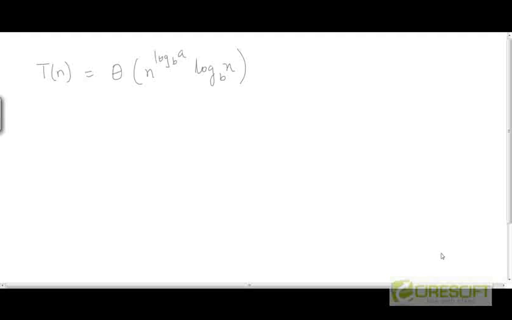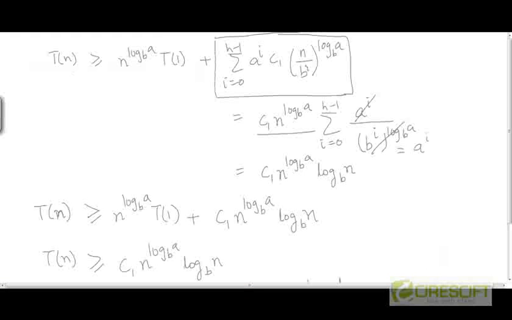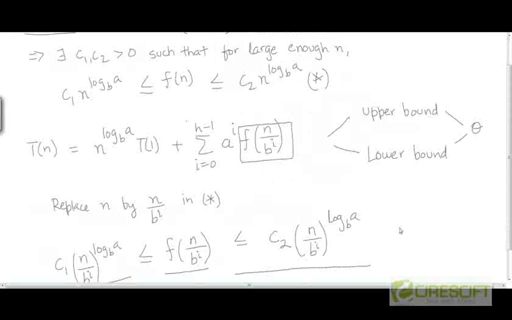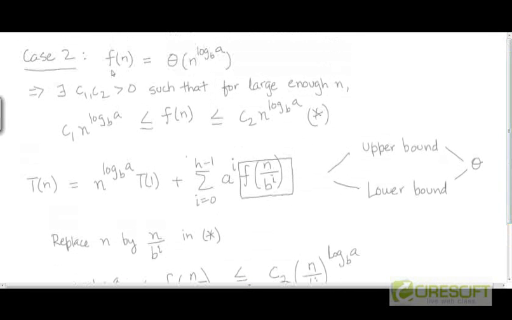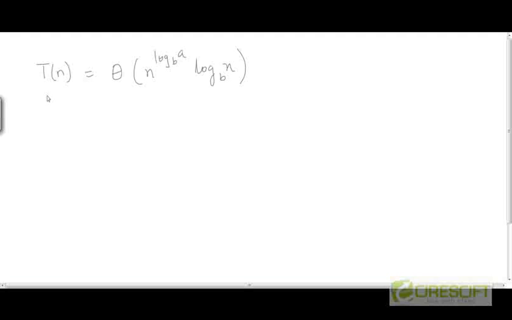So we have proven case 2 of Master's theorem, which says that if f of n is theta of n to the power log of a base b, then T of n is given by theta of n to the power log of a base b multiplied by this log n factor, which visually corresponds to the height of the recursion tree.